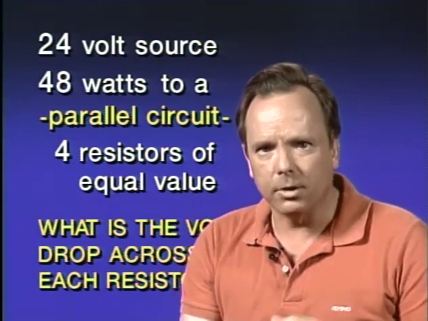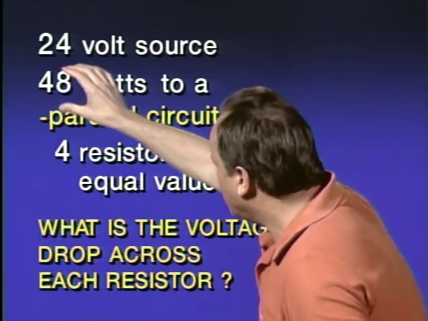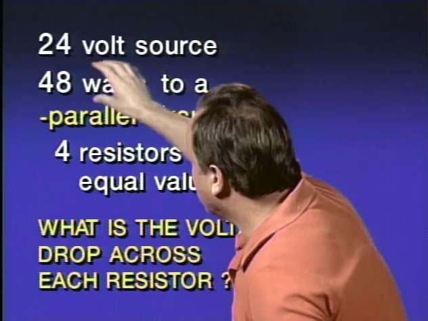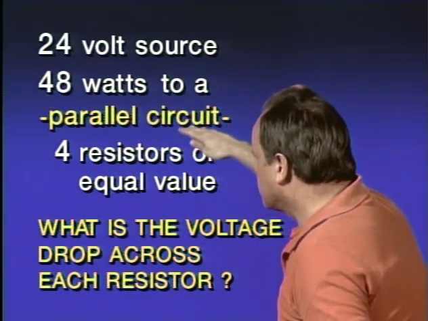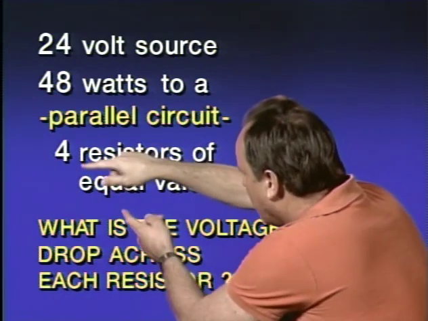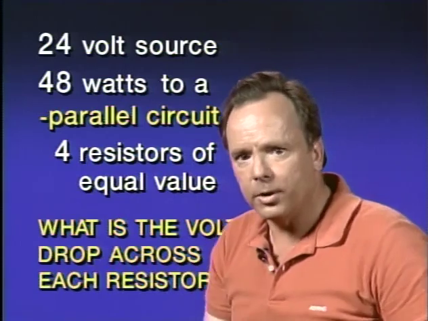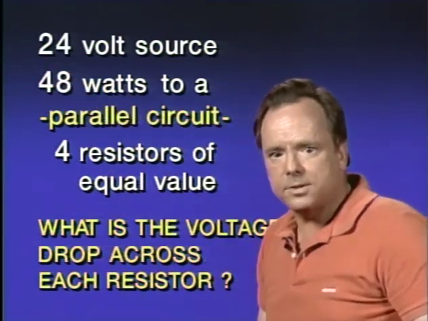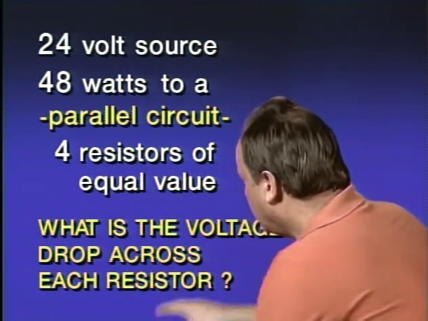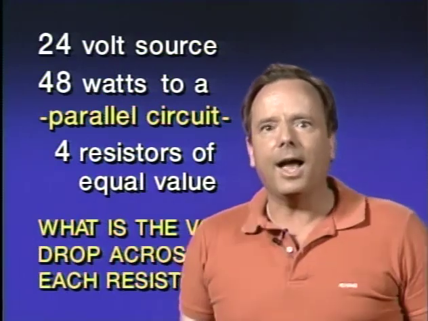This is a wonderful example of blowing smoke, because the 48 watts in this question has nothing whatsoever to do with it. If you have a parallel circuit, the voltage drop across each resistor is identical to the total voltage drop. What is the total voltage drop? 24 volts. What's the voltage drop across each resistor? 24 volts.